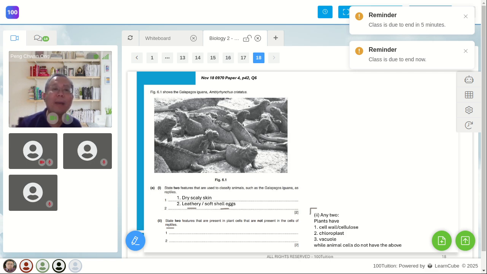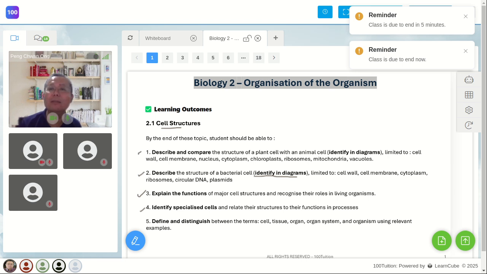Okay, let me quickly go back to the learning outcomes to make sure we have remembered and studied all this. I'm quite sure you are all able to describe and compare the structure of a plant cell with an animal cell, even to the point where you can identify them in diagrams.